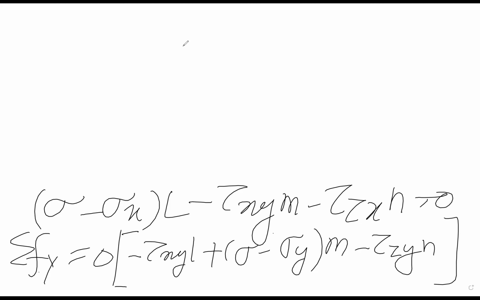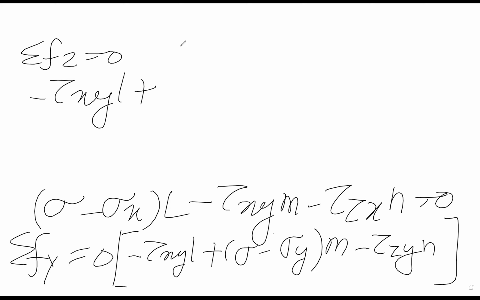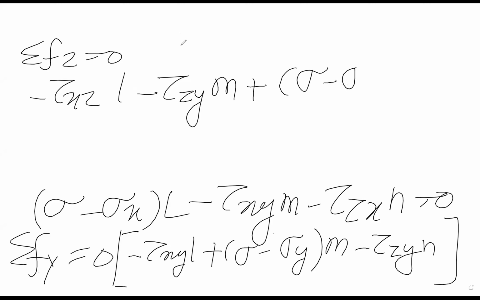So if we write here the summation of forces in z direction, we have the equation like that: minus tau xz L, minus tau zy m, and then plus sigma minus sigma z, n, equal to 0.